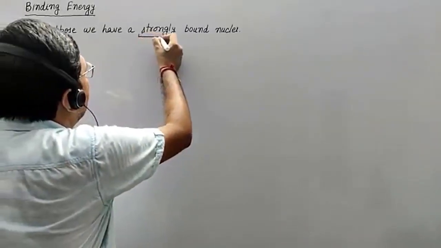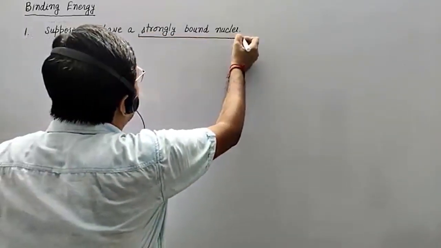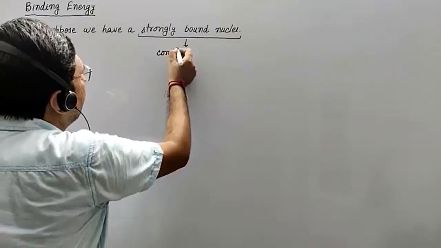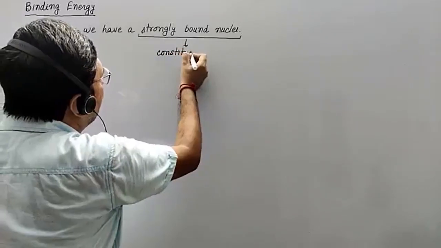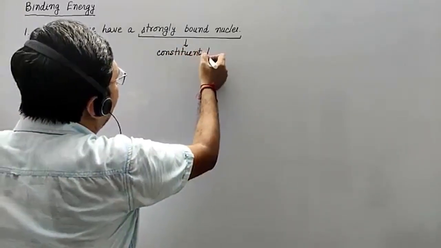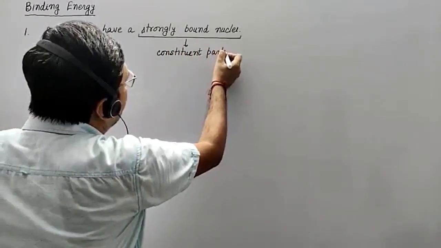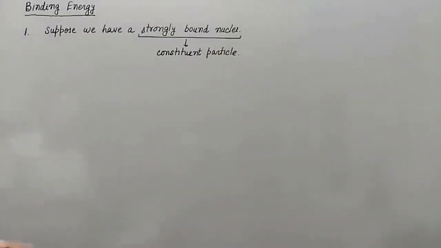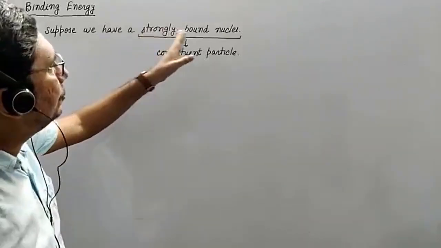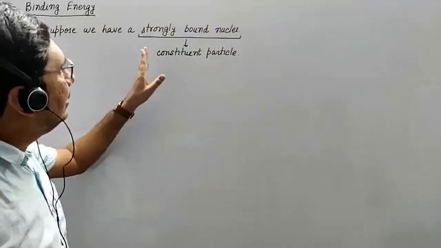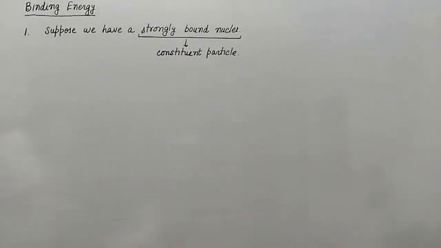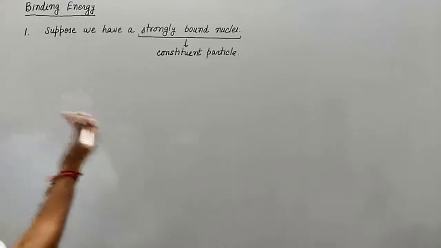So what is our objective? We want to break this strongly bound nuclei into constituent particles. For this purpose, to break this strongly bound nuclei into constituent particles, we need some minimum energy.